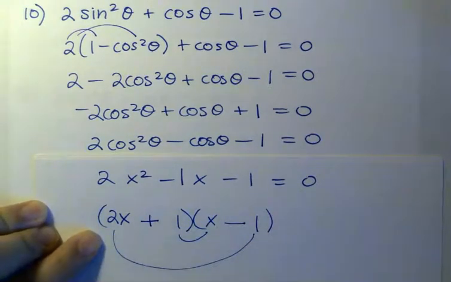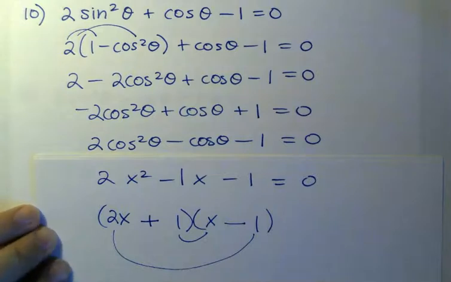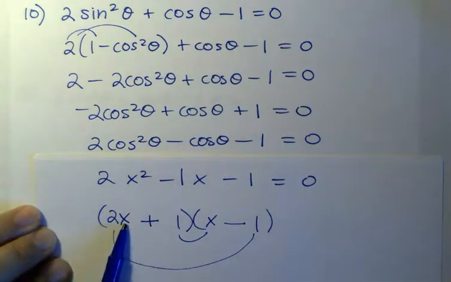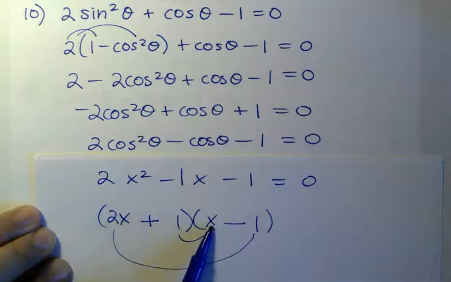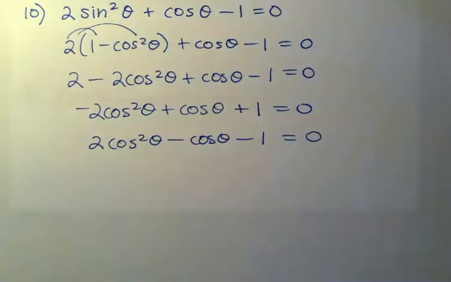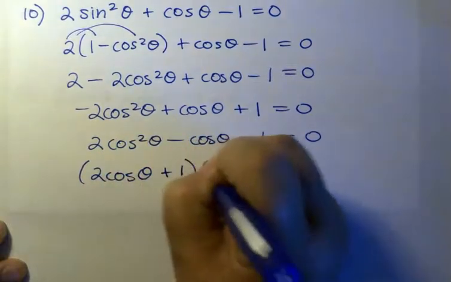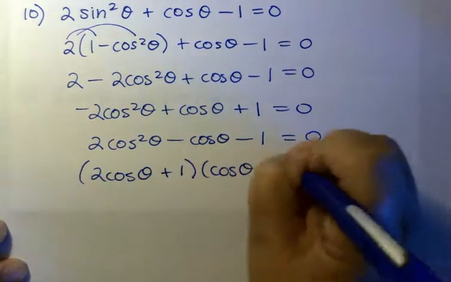So that's what's going to do it. So if my x here is cosine theta, this is 2 cosine theta plus 1 times cosine theta minus 1.